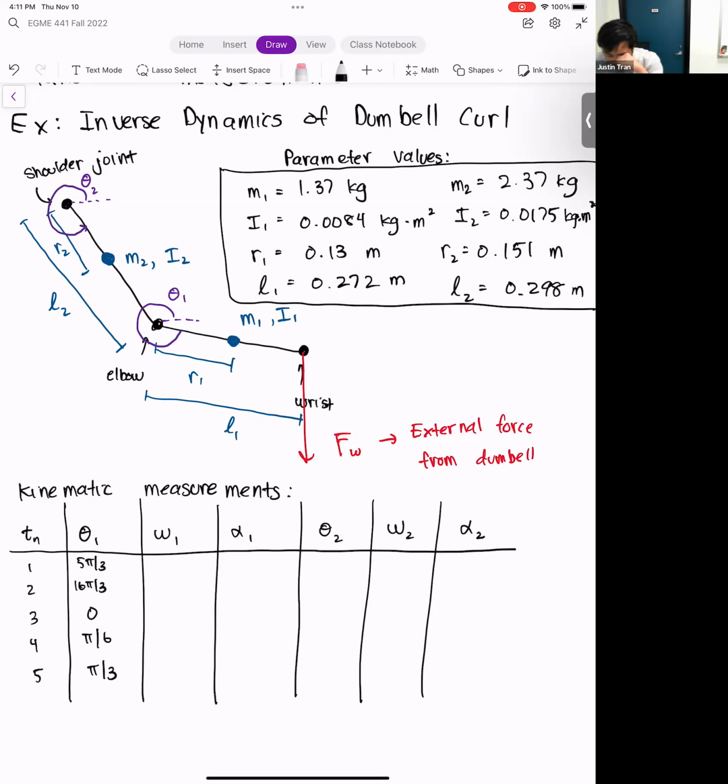Okay. And so the joint angles for the lower arm, if we track that as a function of time, may have the values of 5 pi over 3, 16 pi over 3, 0, pi over 6, then pi over 3. Okay. And all this, of course, is in radians. All right, so for the angular velocities, let's say I start with 100 and 200, 150, 5 and 0.